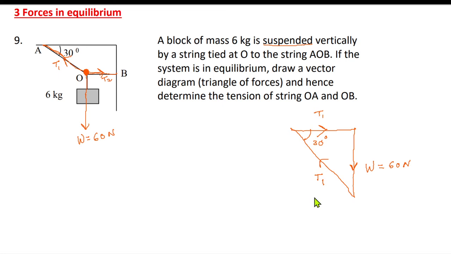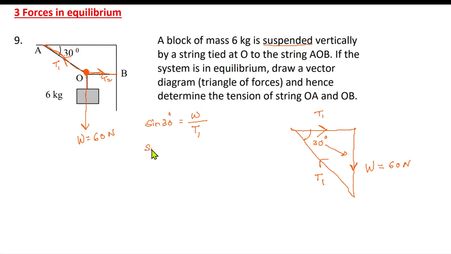Correct? Just use our trigonometry. So let's start with sin theta, sin of 30 degree. Sin equals the opposite of the angle divided by the hypotenuse. So sin of 30 degree equals our W divided by T1. Correct? So I want to find my T1, right?